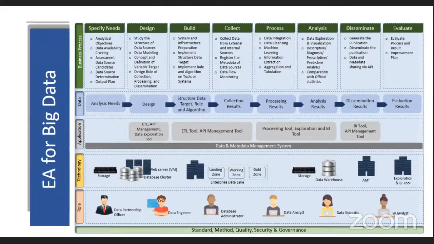This shows what the input or output is for each phase, but the detail of the data layer will be more than this. There are several attributes that must be filled to ensure that the metadata is complete. The application supports the data flow and the features needed for the business process to run well.